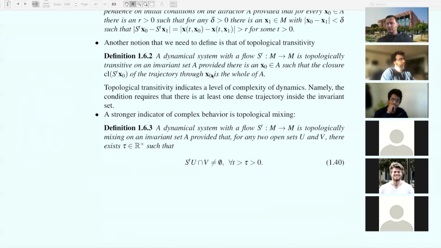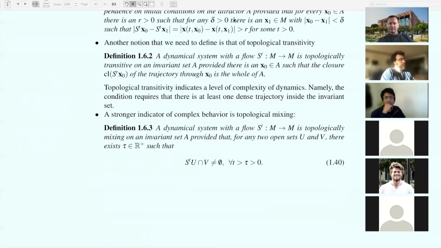So you almost see intuitively how the two definitions of topological transitivity, one of them not requiring validity for every single time, and this closure, are one and the same. But topological mixing is stronger.